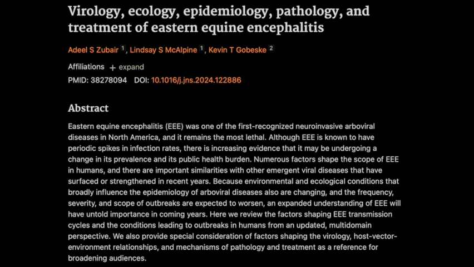These birds act as what we call reservoir hosts, meaning they can carry the virus without really showing any signs of illness. And so the virus is going back and forth between these Culiseta melanura mosquitoes and these birds. So it's like a hidden network where the virus is just quietly circulating among the birds.